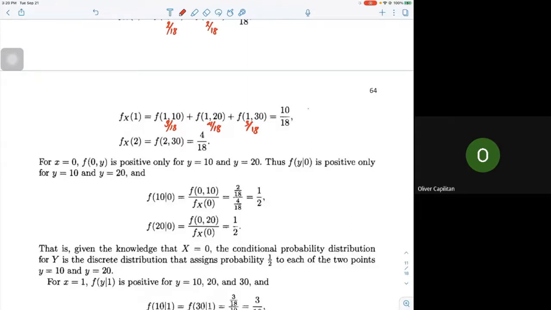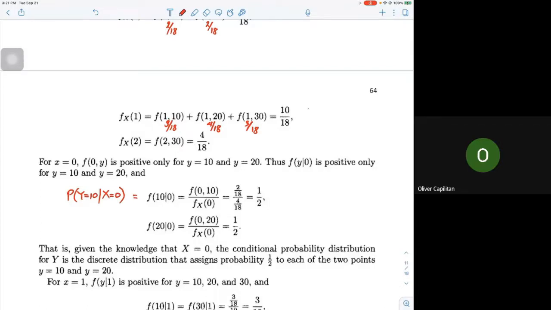So we can express this as the probability that our random variable y is equal to 10 given that our random variable x is equal to 0. According to our definition, we have the joint over the marginal. We have already computed the marginal PMF of x evaluated at 0, that is 4 over 18.